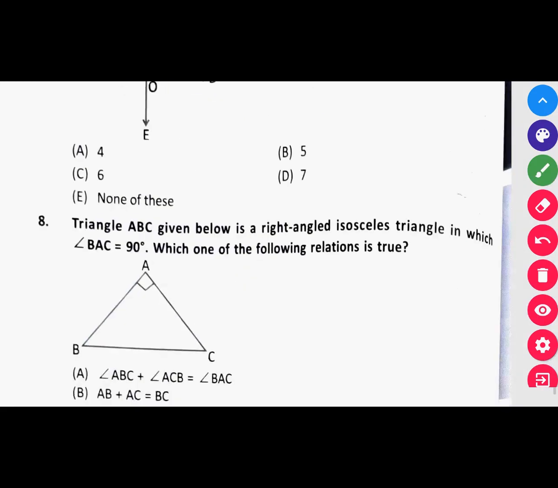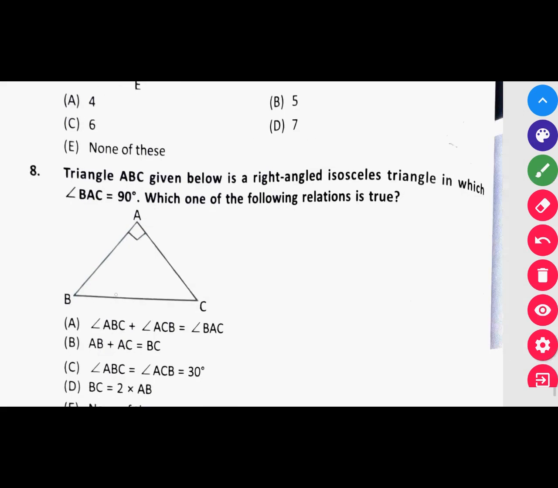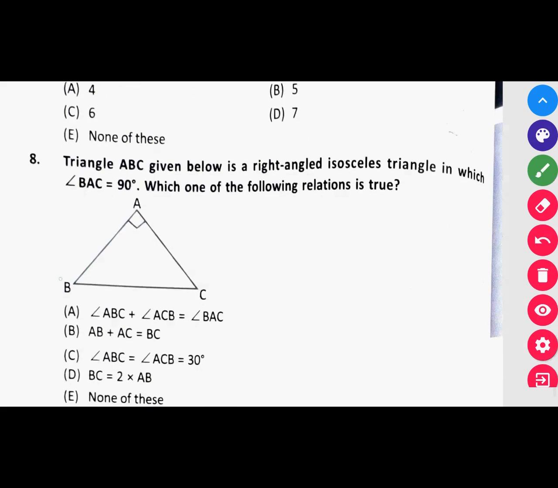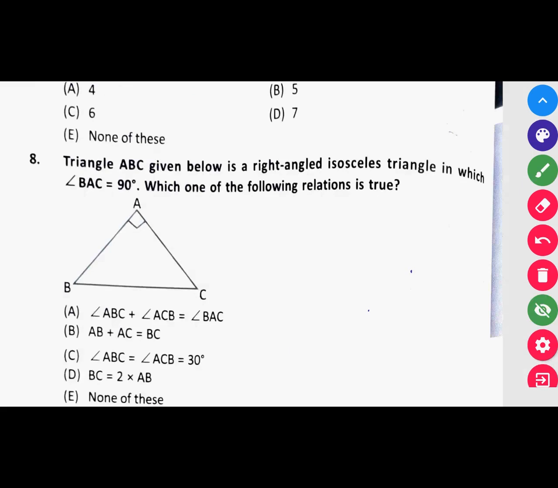Triangle ABC given below is a right angled isosceles triangle in which angle BAC is equal to 90 degrees. Now see, this is an isosceles triangle, meaning two sides are of equal length and two angles are of equal degree. So these two angles are of equal degree because this is 90 and these two sides are equal.